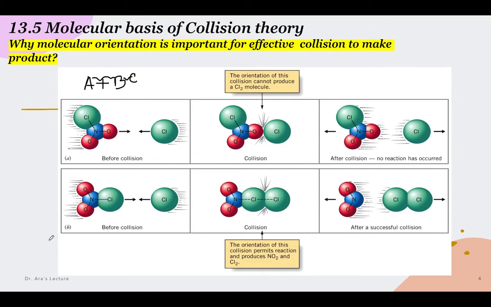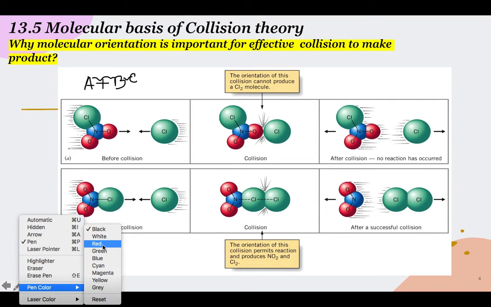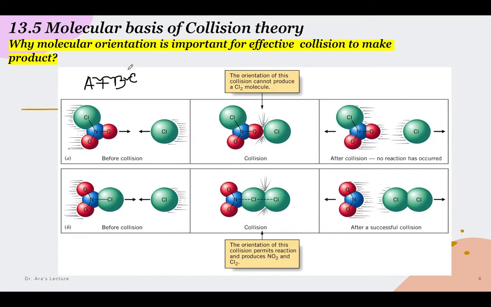What is supposed to happen here? If the reaction has sufficient energy and sufficient collision, this bond should break and A should make a new bond with B. As a result, it should be AB plus C.